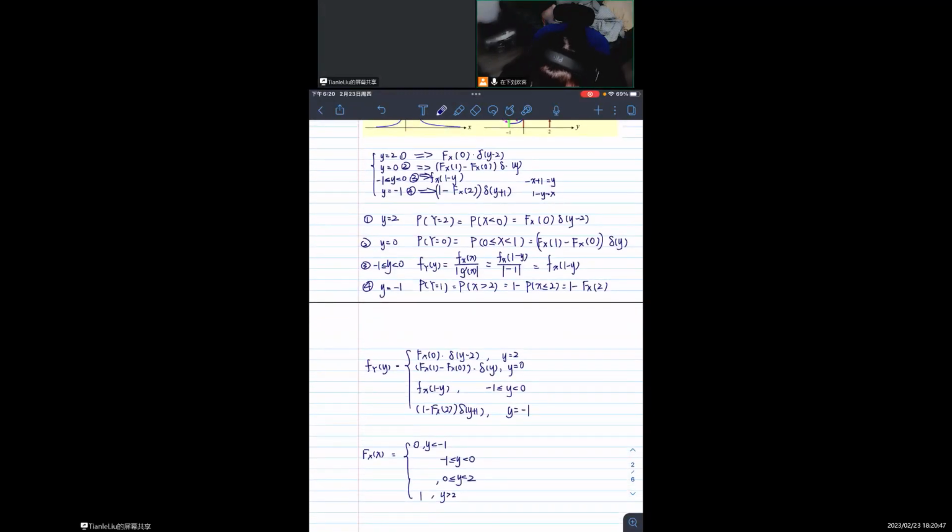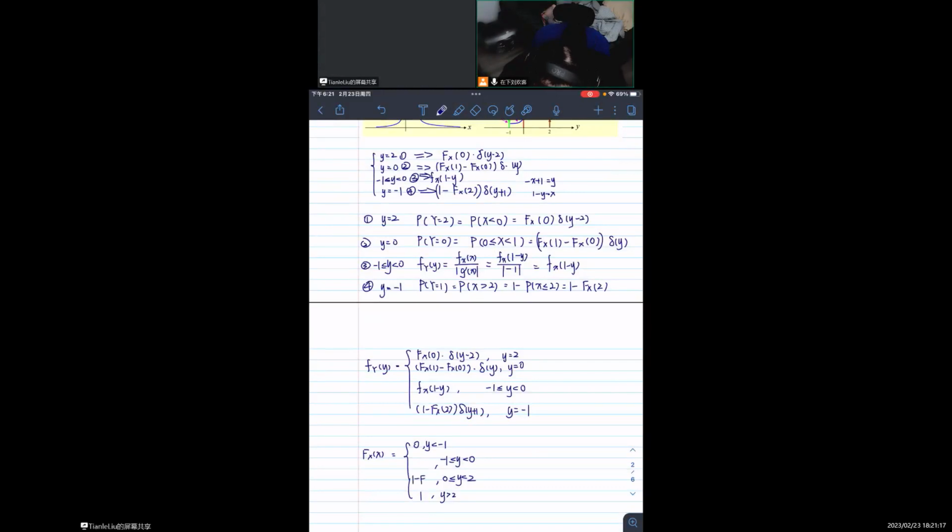We can do the easiest one first, because from the probability function we know that when y equals 2 there's a step, an impulse function that jumps with the value of the density Fx(0), which means it's just a small jump in the graph.